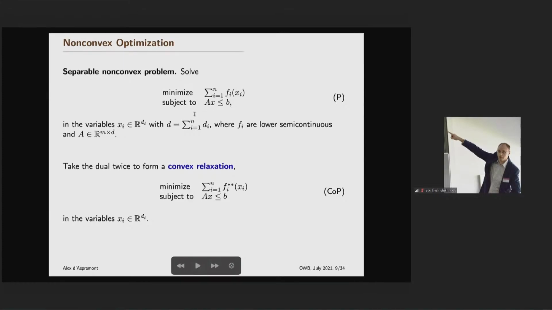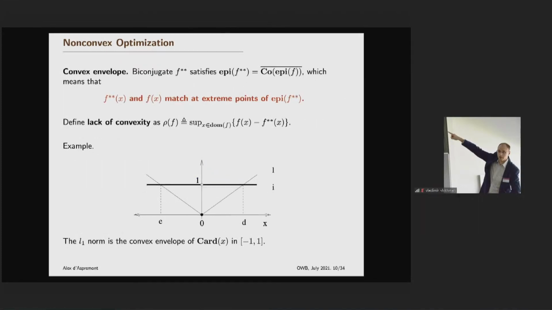So if you take the dual twice up to some technical conditions, you get a problem that has a very similar format where, in fact, the functions are replaced by their convex envelopes, okay? So again, we're in a separable scenario. The linear constraints are separable, the objective is separable, and we see that in this case, we can say something about the convergence of the convex relaxation towards the original problem itself.